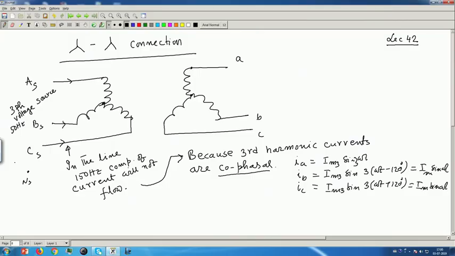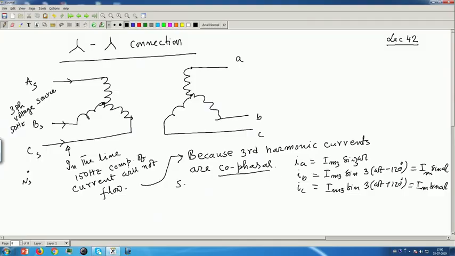Therefore, in the lines I am sure about one thing, if no neutral etcetera is connected to the system here, about this fact no one can contest. In these lines only 50 hertz component of current will flow, no third harmonic business.